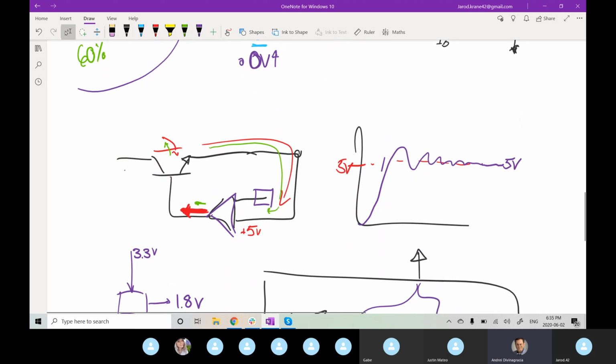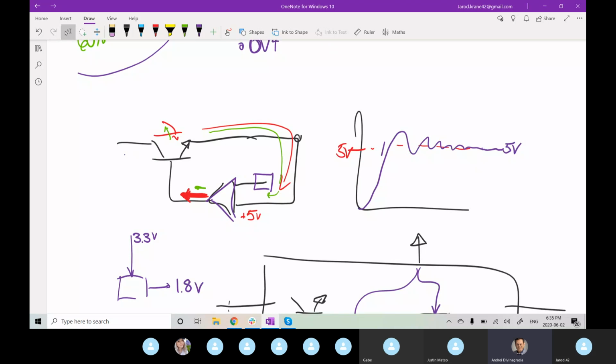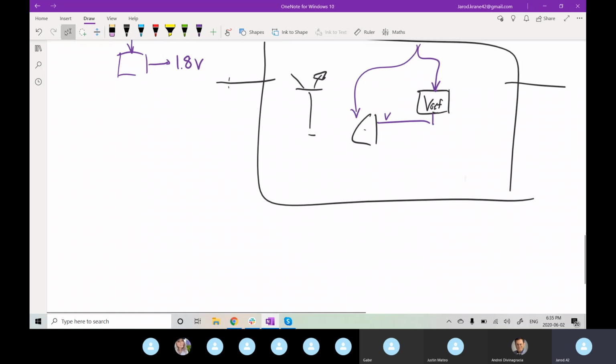So initially, in one instant, does that mean the output of the linear regulator becomes 9 volts? Like at that one point, at some point in time? Technically, in an instant, yes.